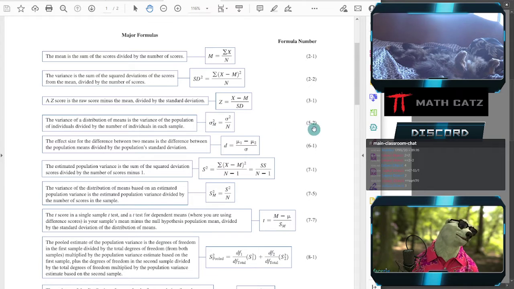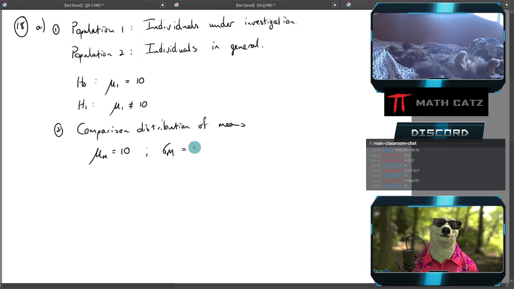This one in 5-2 gives the variance, even though we want the standard deviation, but that's a simple fix. The variance of the distribution of means is the variance of the population of individuals divided by the sample size. So then if I want the standard deviation, I just square root that. So I'll write it like this over the square root of the sample size.